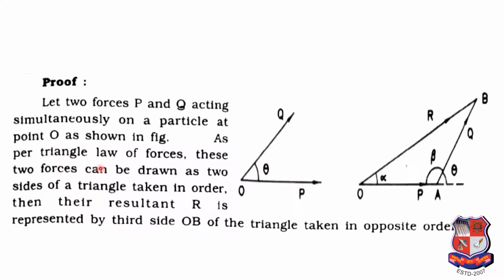As per the triangle law of forces, these two forces can be drawn as two sides of a triangle taken in order, then the resultant R is represented by the third side OB of the triangle taken in opposite order. It will be OB, don't consider it as BO, it is OB only as per the theory.